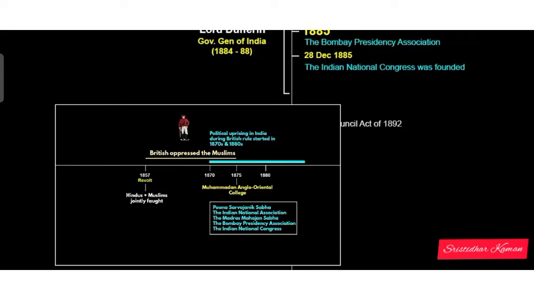After 1870, the British started favoring the Muslim community, while the English education was passed on to the Hindu communities much earlier. As a result, by the end of the 19th century, almost 2 to 3 generations of the Hindus got educated, and they dominated the colonial services and many other administrative posts.